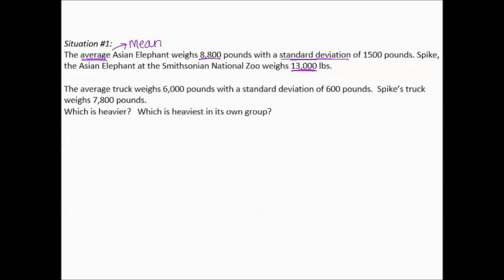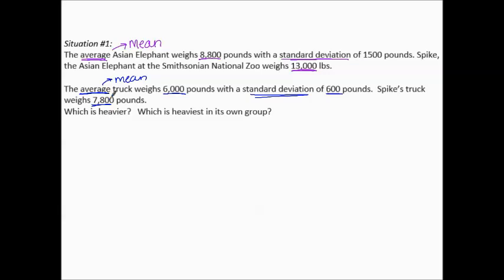In our next part of the problem, it says the average, again that's the mean, truck weighs 6,000 pounds with a standard deviation of 600 pounds. Spike's truck weighs 7,800 pounds. So again, we have average trucks compared to Spike's specific truck.